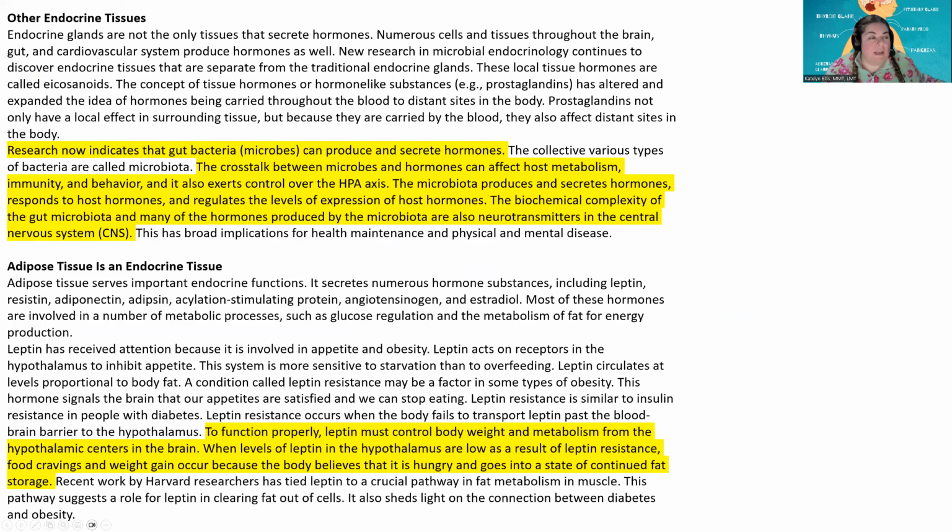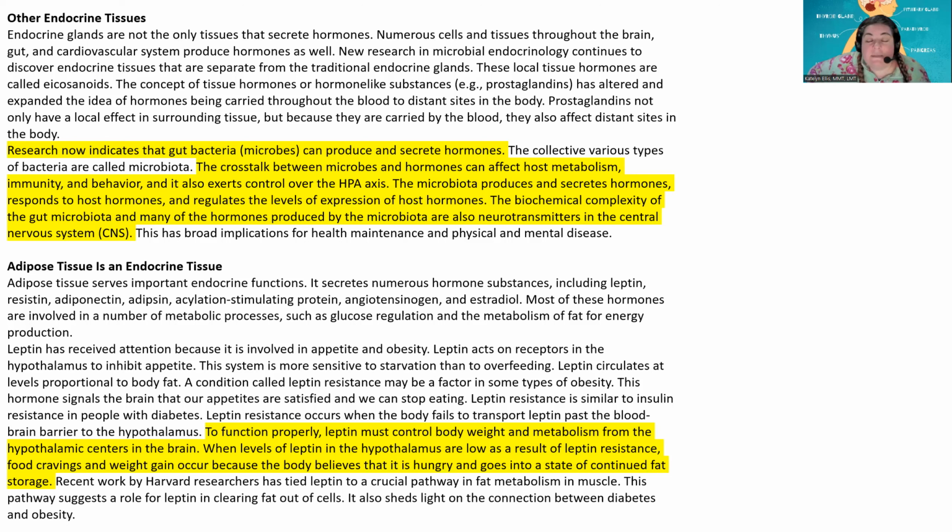So, other endocrine tissues. Endocrine glands are not the only tissues in the body that secrete hormones. Surprise, surprise. There are cells and tissues in your brain, in your gut, and in your cardiovascular system that all produce hormones. So does your fat, which is absolutely fascinating to me.